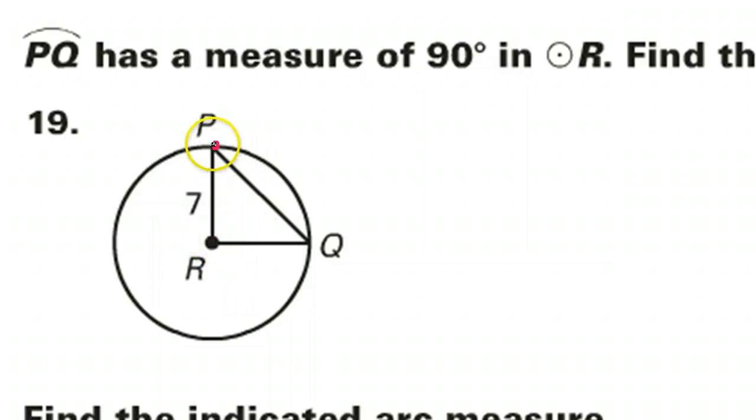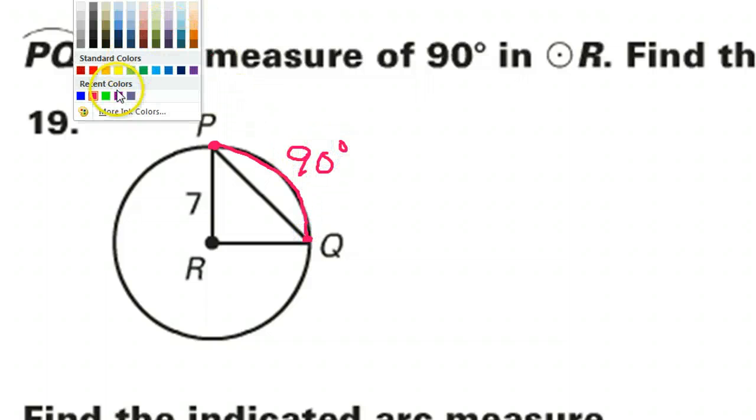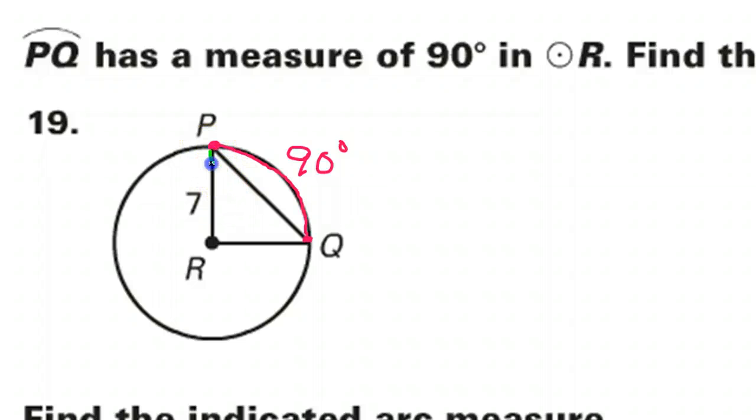So, in other words, if we are told that arc PQ has a measure of 90 degrees, okay, if this is a 90-degree arc, then guess what that means about this angle? Alright, by definition, that means that this is a 90-degree angle. Which means we can use all of our right triangle knowledge.